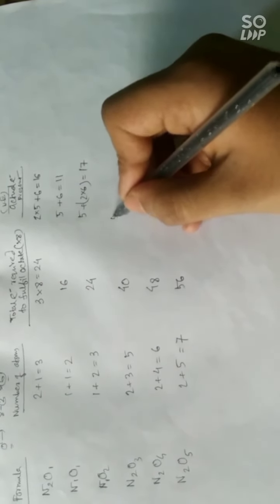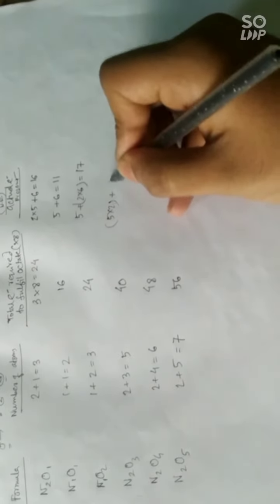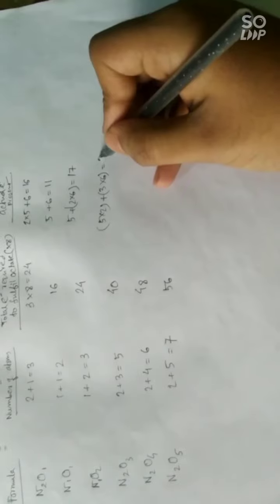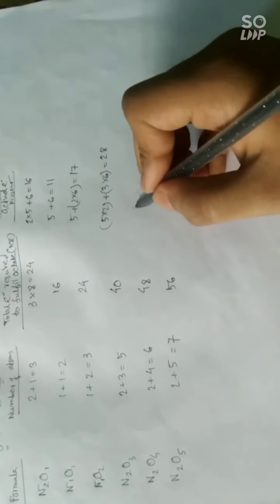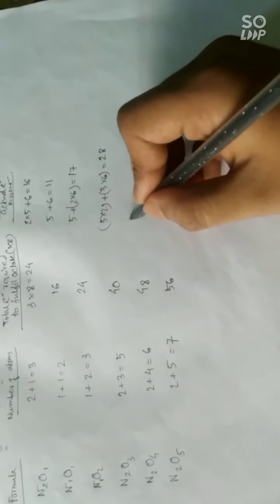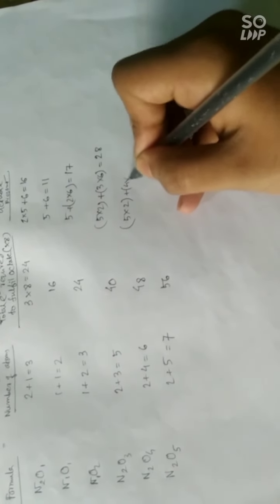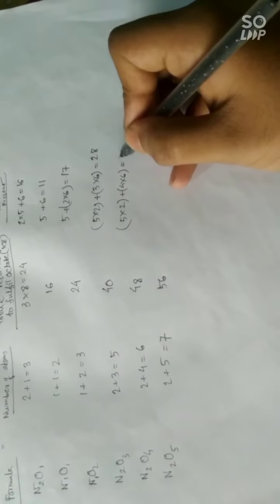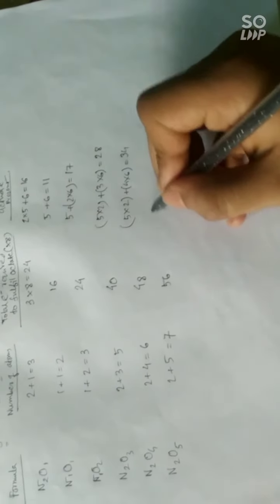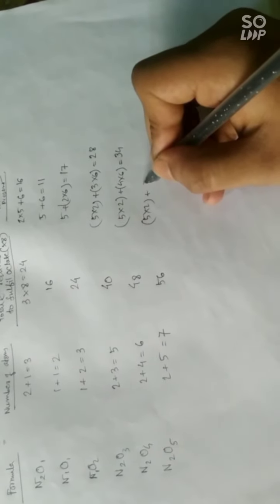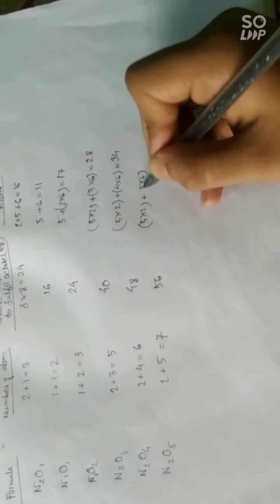N2O3: 5 into 2 plus 3 into 6, 28. N2O4: 5 into 2, 4 into 6, 34. N2O5: 5 into 2 plus 5 into 6, 40.